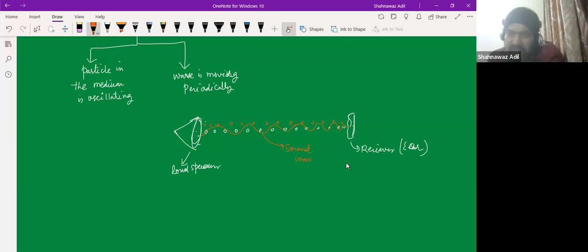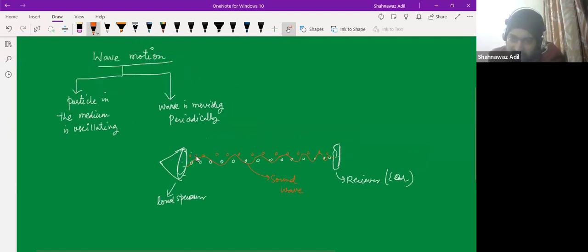So this is how the sound wave propagates. Two things are happening in wave motion. One is that these particles are showing oscillatory motion. And due to the oscillation of these particles, the wave is carried out and then it reaches us.